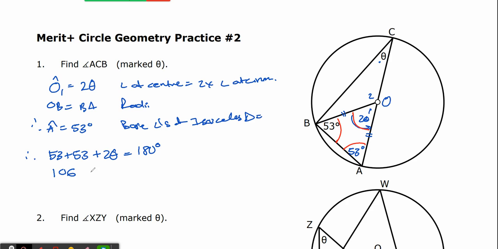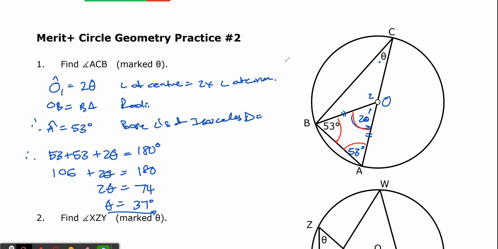That's 106. 180 minus 106 would give you 74. So theta is equal to 37 degrees.